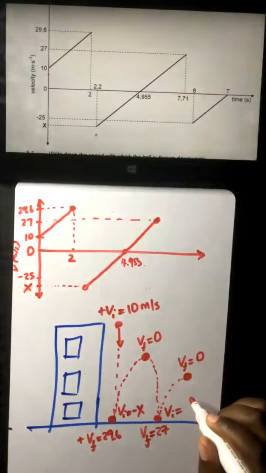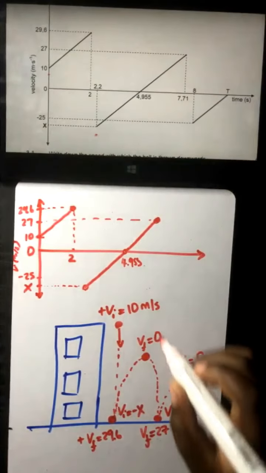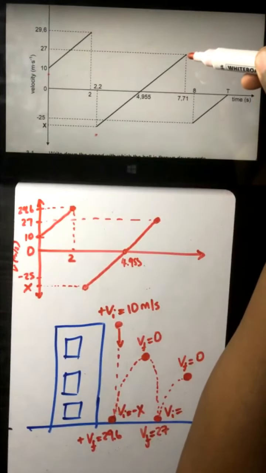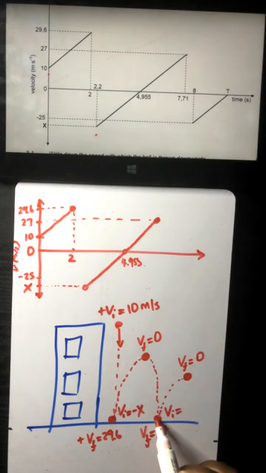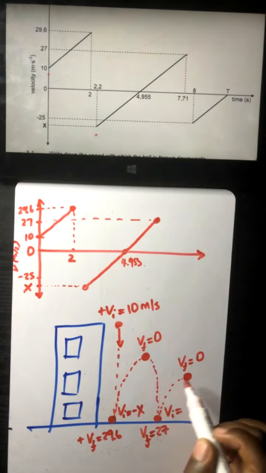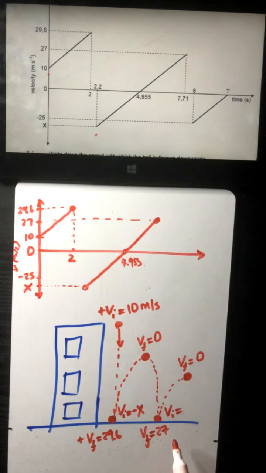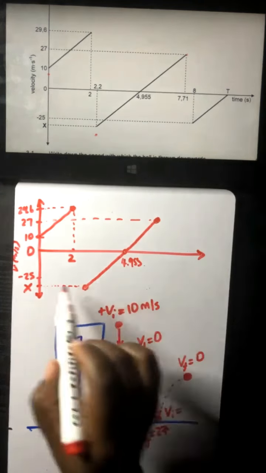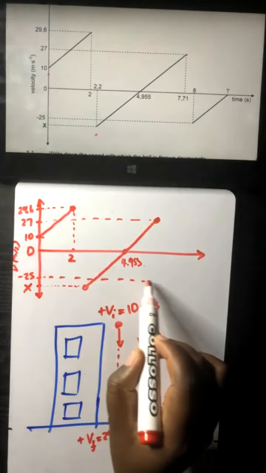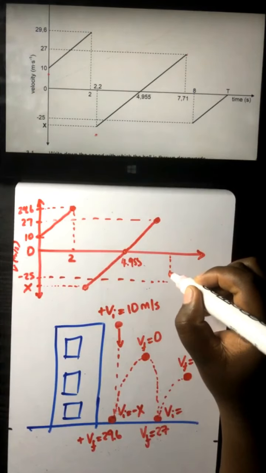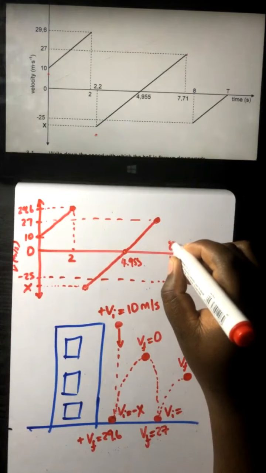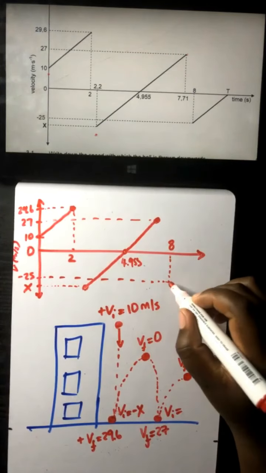So let me see. That point over there represents that ball as it strikes the ground. And obviously, after striking the ground, it leaves the ground at a certain velocity, which is that velocity. It's indicated there to say at that time, which is 8, at time 8.